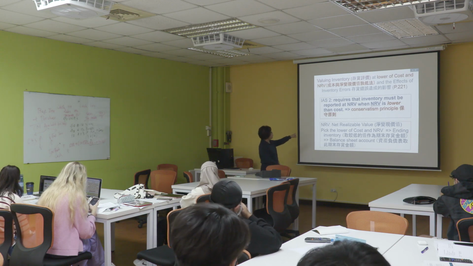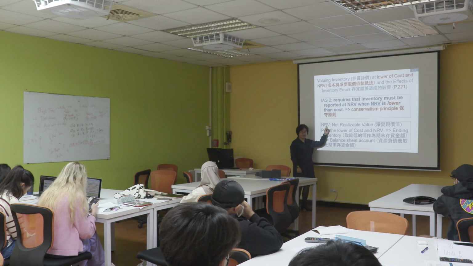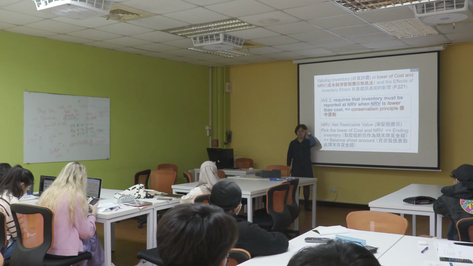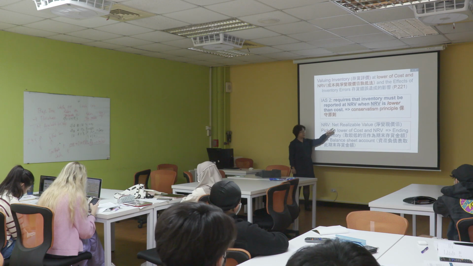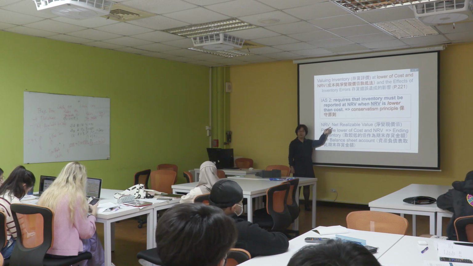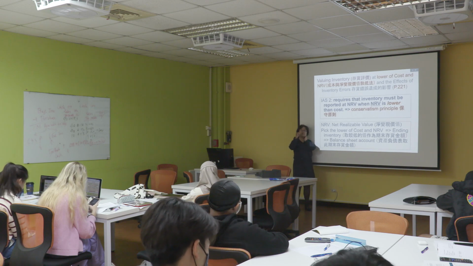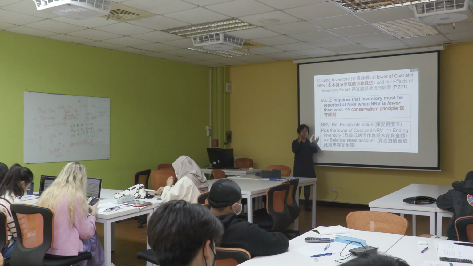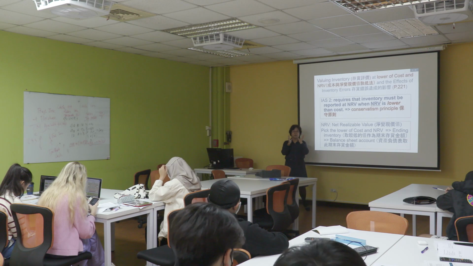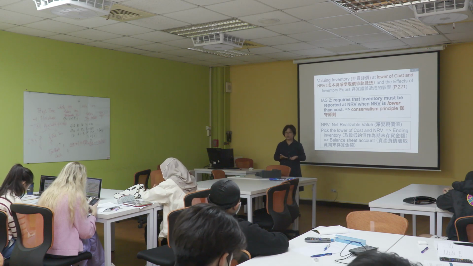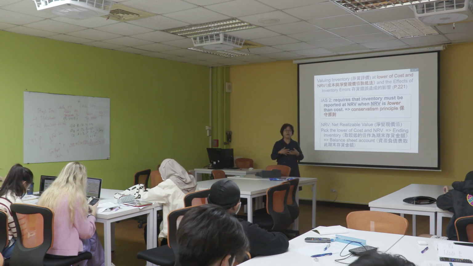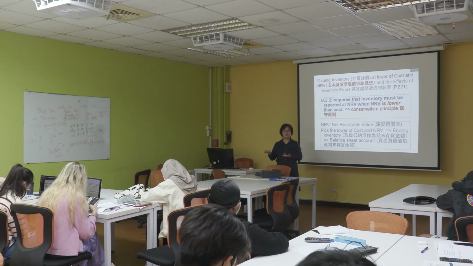We need to know NRV again. I believe most of you already forgot how to calculate the net realizable value. What is net realizable value? I give you an example I remember, the corn. At the end of the year, the corn will not be harvested until next year's March.